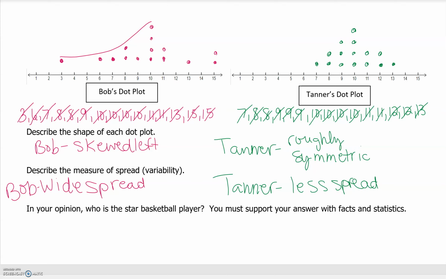There were no outliers. His range is lower, the IQR was less, he had less variability. So this showed that Tanner was more consistent with his data. And there was less variability, so I'm going to go with Tanner as being the star basketball player.